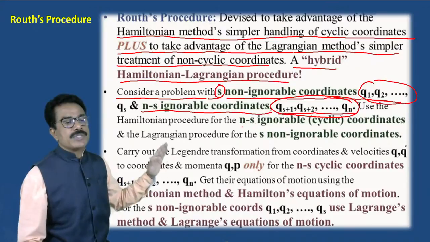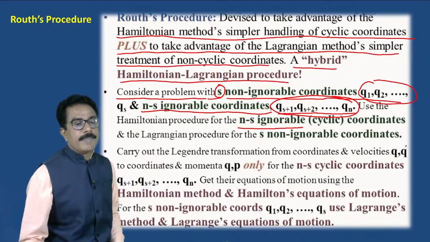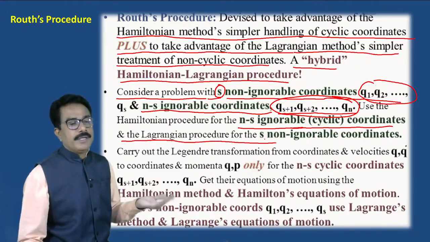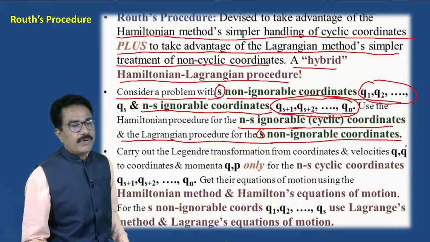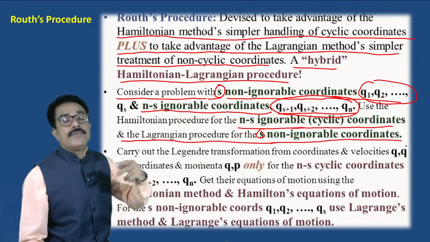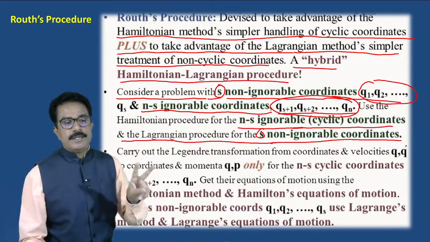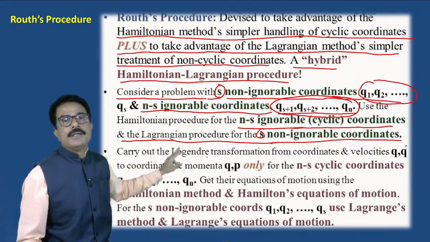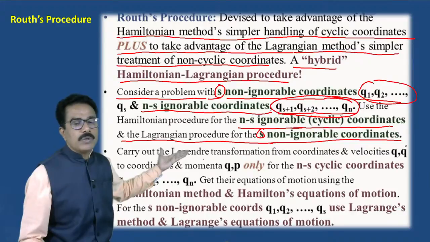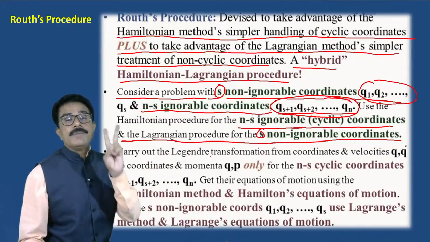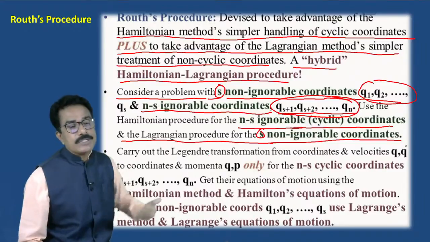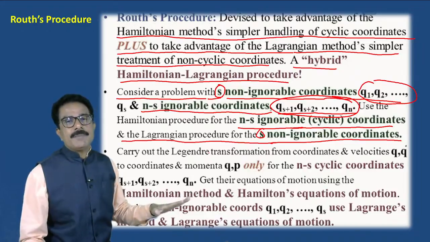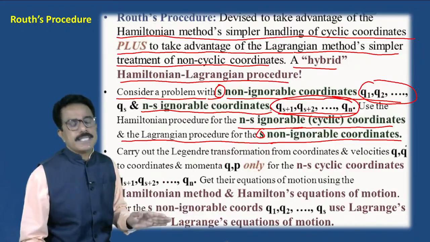Use the Hamiltonian procedure for the n minus s ignorable coordinates and the Lagrangian procedure for the s non-ignorable coordinates. Therefore we have to use two procedures. For ignorable coordinates we use the Hamiltonian procedure, for non-ignorable coordinates we use the Lagrangian procedure. But by using the Routh's procedure we can use only one procedure and simultaneously get the same result.